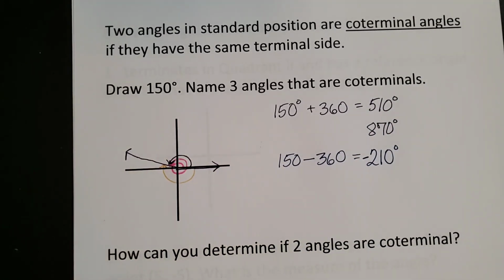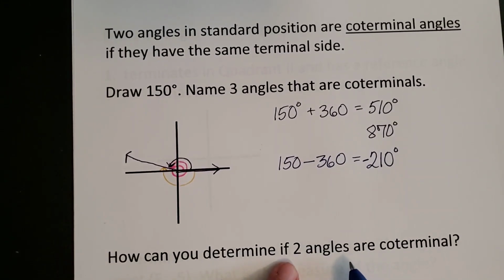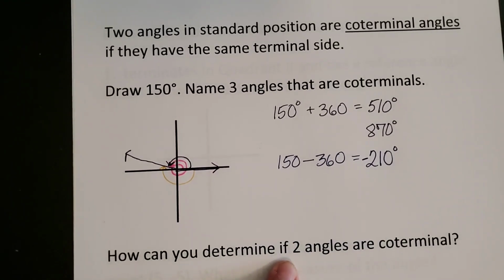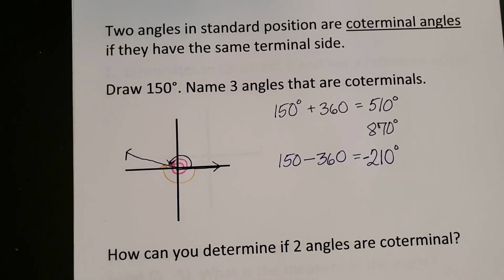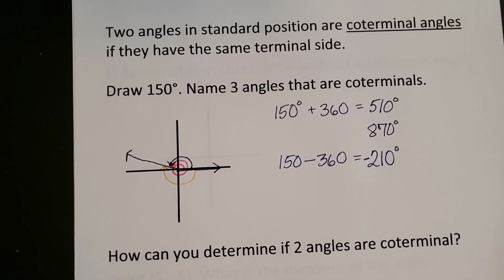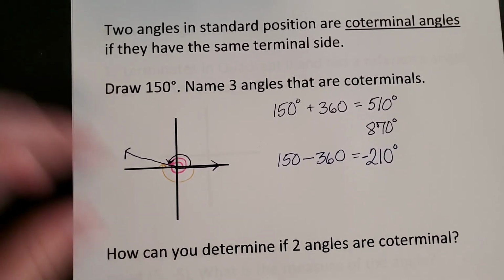And then you could keep going around again in the negative direction and find lots more. So how do you determine if two angles are coterminal? They are a multiple of 360 degrees apart from one another, ending in the same spot, different number of times around that coordinate plane. All right.